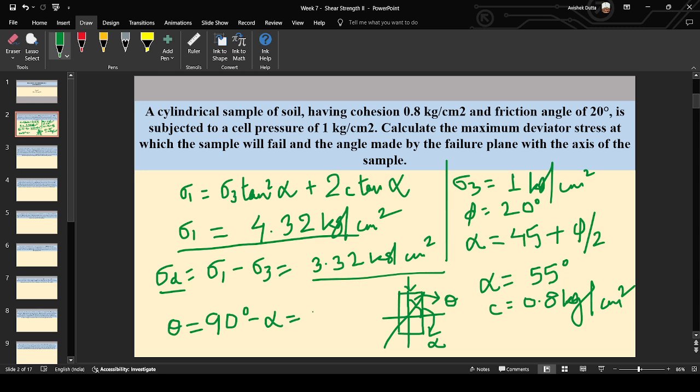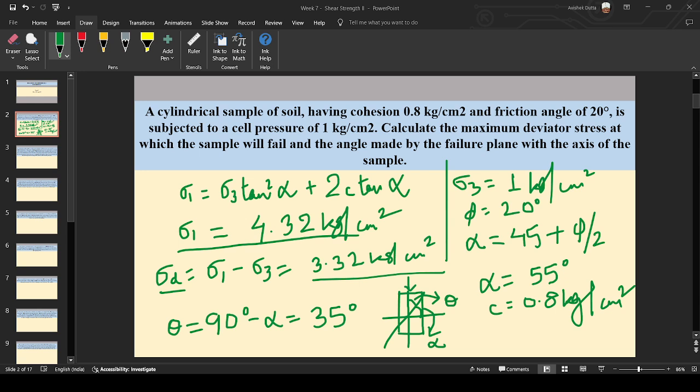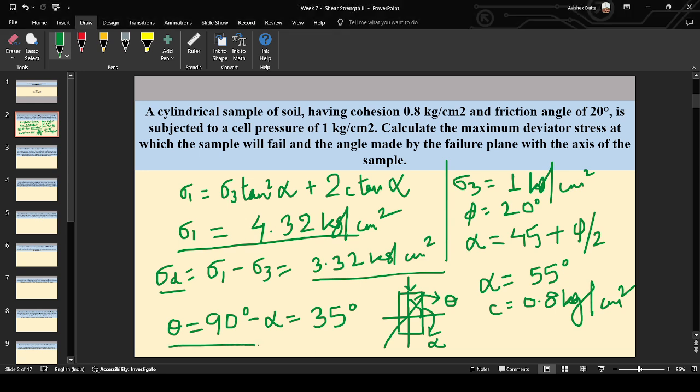So, theta will be 90 minus 55, that is 35 degree. So, the angle made by the failure plane with the axis of the sample is 35 degree. Okay. I hope the solution was clear. I'll go to the next question.